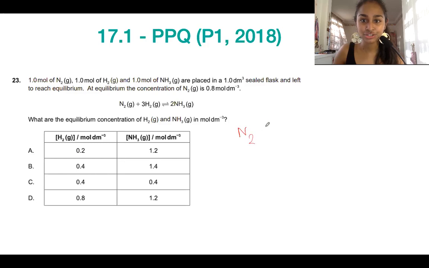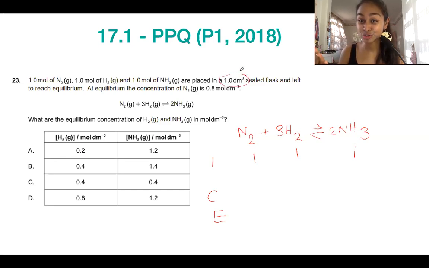So N2 plus 3H2 to NH3, and I'm going to lay it out according to ICE. So I started off with 1 mole for all of them. I can assume that this is the concentration as well, because they were in a 1 decimeters cubed sealed flask, so that's not going to affect my number of moles. So the moles and the concentration are the same here.